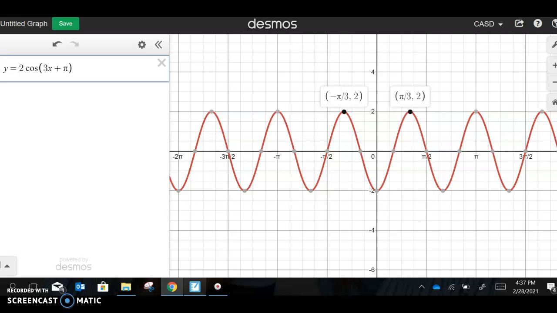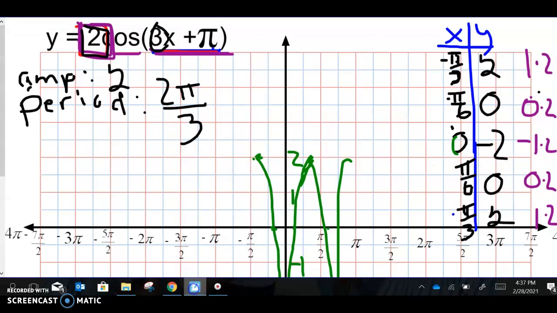Now, the phase shift. Where do I usually start? I usually start at 0, where cosine starts. But this time, it was shifted to the left by pi over 3. Instead of starting at 0, cosine started at negative pi over 3.